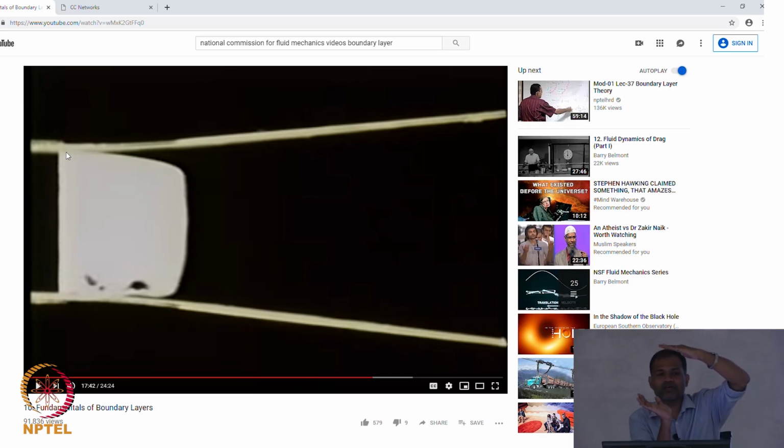At the bottom they introduce a little bit of roughness; they put in a wire, and the flow will be tripped to turbulence because it sees some disturbance. It was trying to maintain laminar flow, but you have given some disturbance, so the flow turns turbulent. So this is a nice case in which at the top you have a laminar boundary layer, and at the bottom you have a turbulent boundary layer.